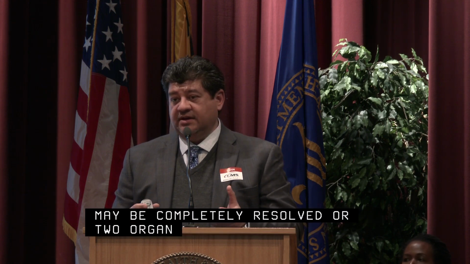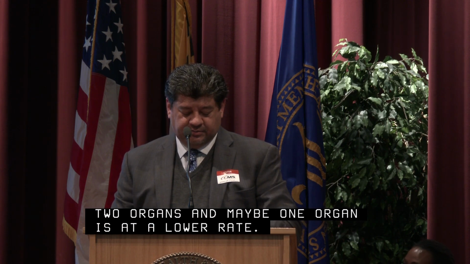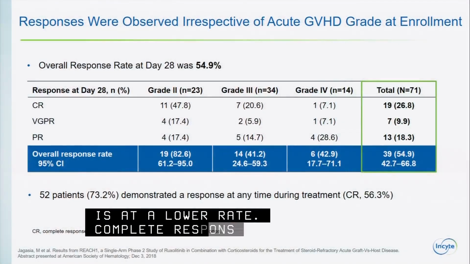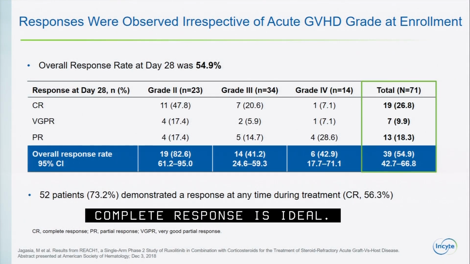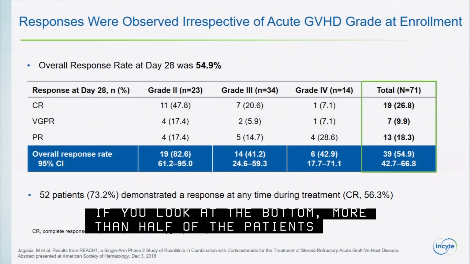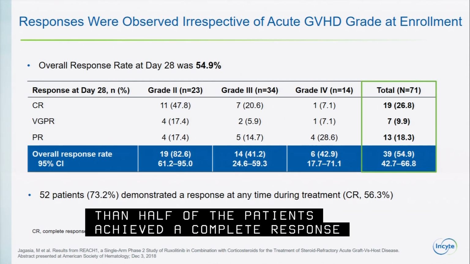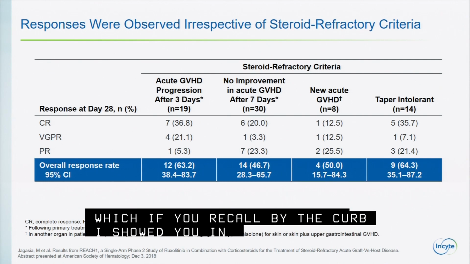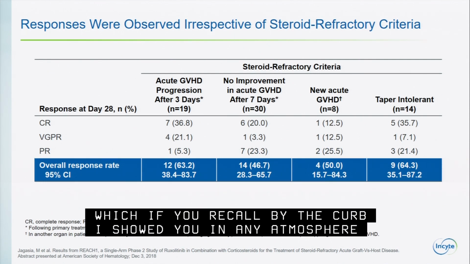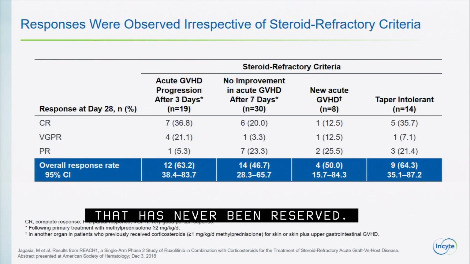So complete response is ideal. If you look at the bottom bullet, more than half of the patients achieved a complete response, which, if you recall the curve that I showed you, has never been observed in any of the other steroid refractory treatments. Responses were observed irrespective of the steroid refractory criteria.